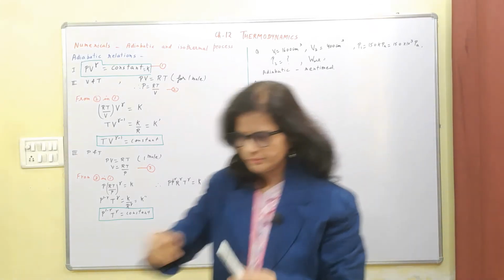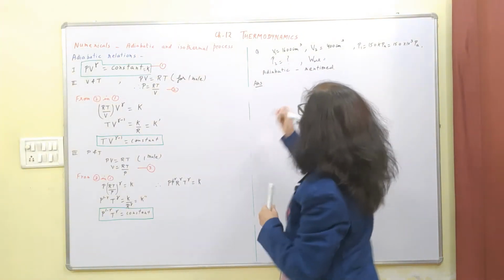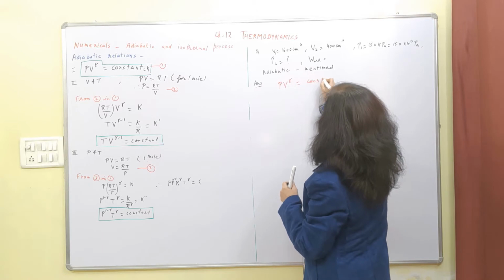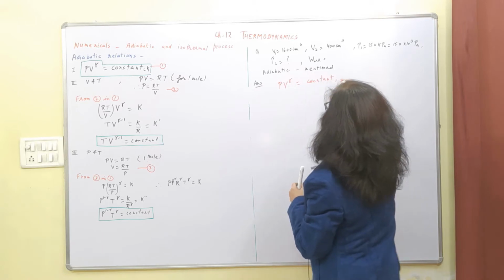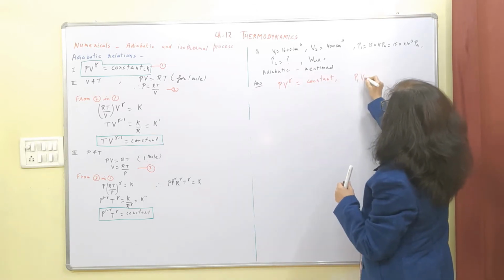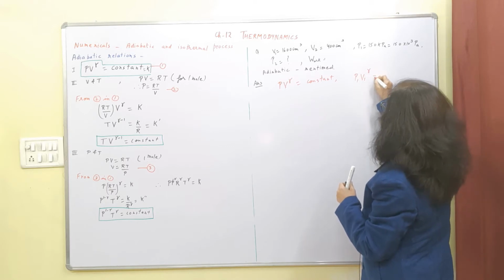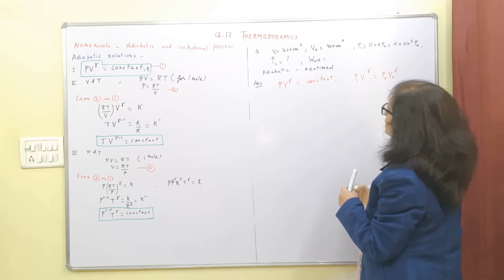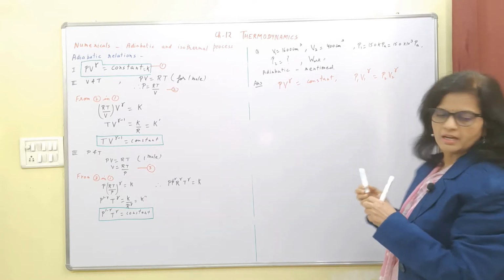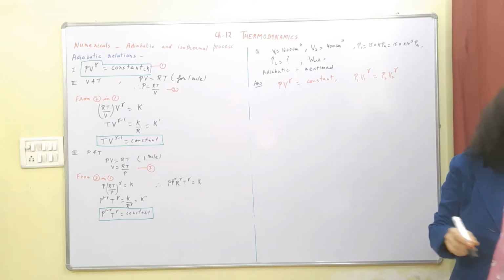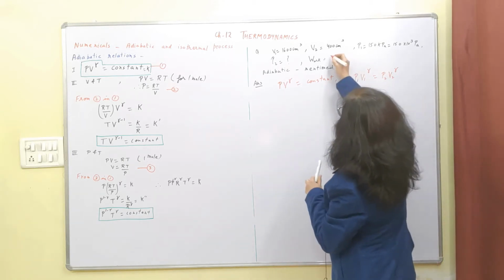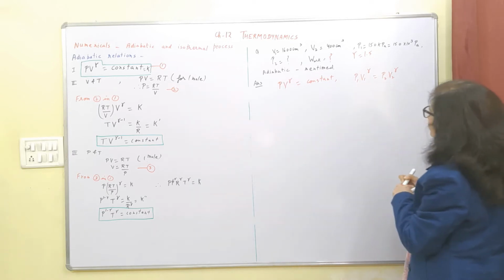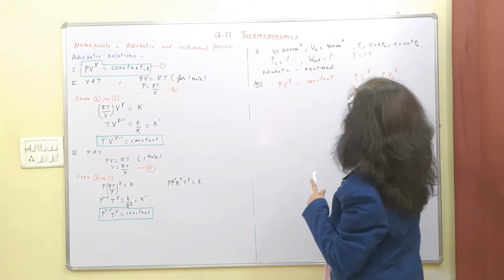So we will write down PV to the power gamma is equal to constant. What does that mean? P1 V1 to the power gamma is equal to P2 V2 to the power gamma, right? And gamma is also given, 1.5, right?